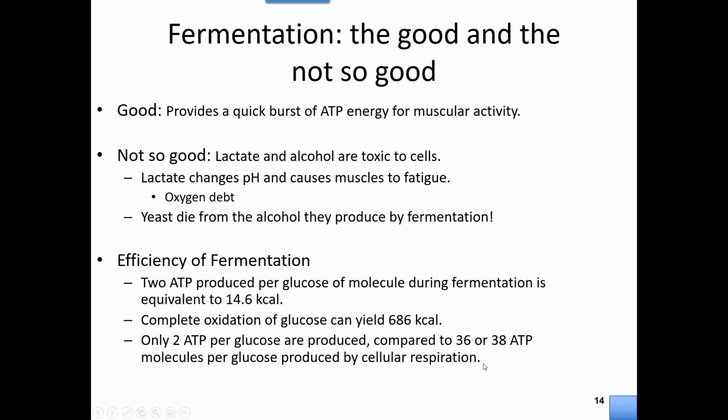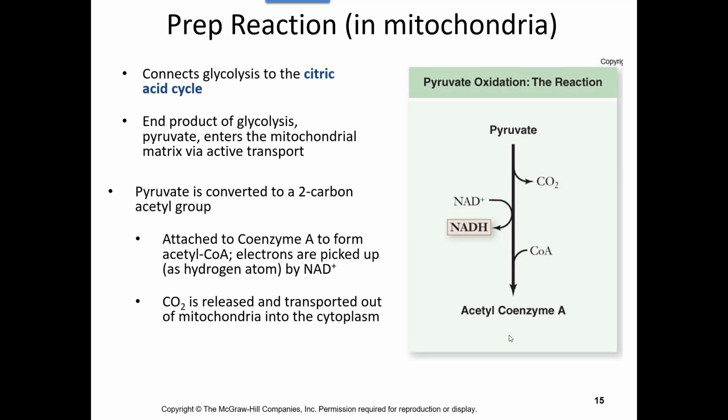So we're going to continue it now if there was oxygen present. At the end of glycolysis, we made pyruvate, also known as pyruvic acid. Different books call it different things. And that pyruvic acid goes into our next step, our second out of the 4 steps, called the prep reaction or preparatory reaction, which happens inside the mitochondria.